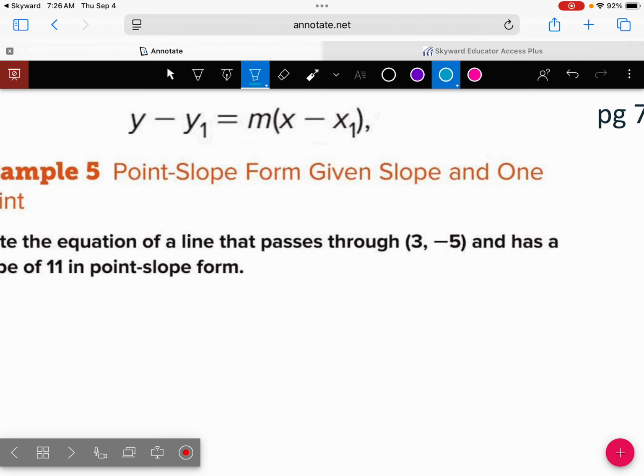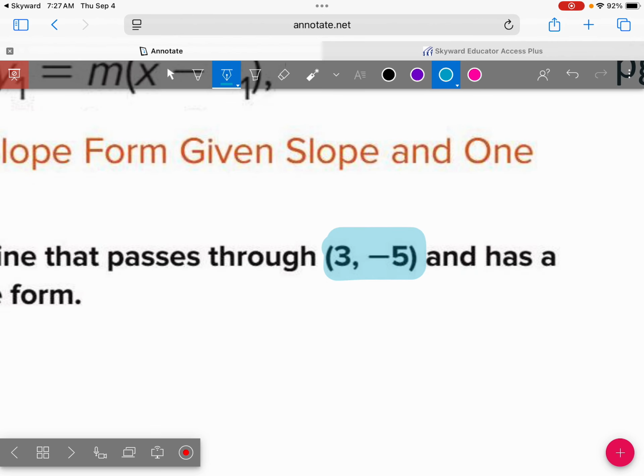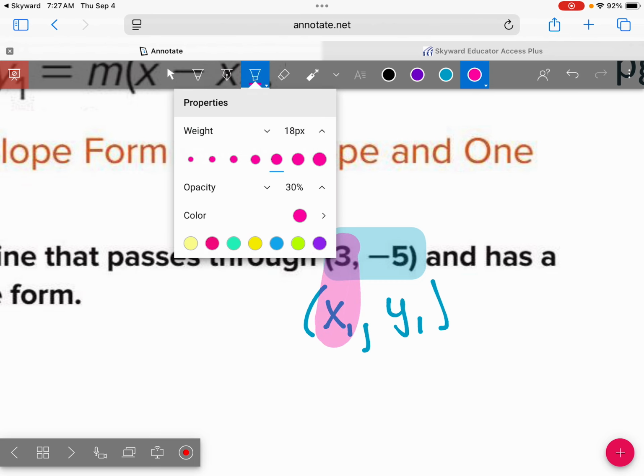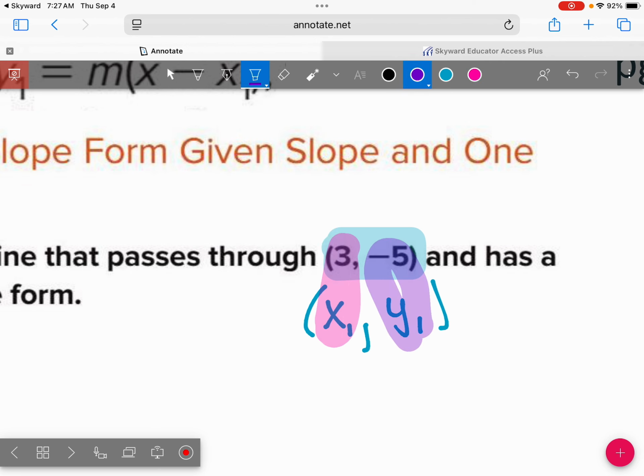So when we are given a point, this 3, -5, this is my x1, y1. So my x1 is the 3, and my y1 is this -5.